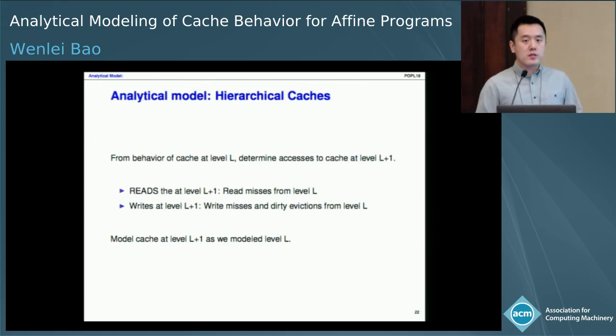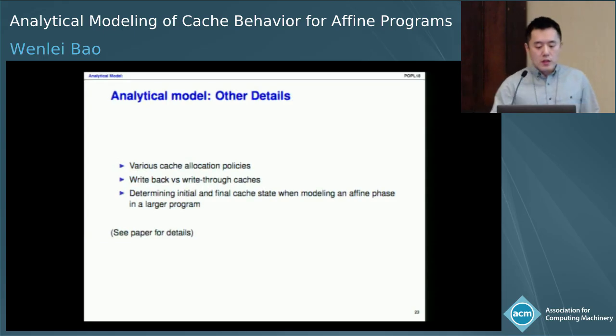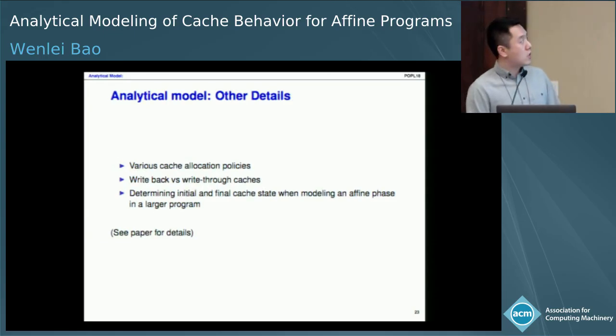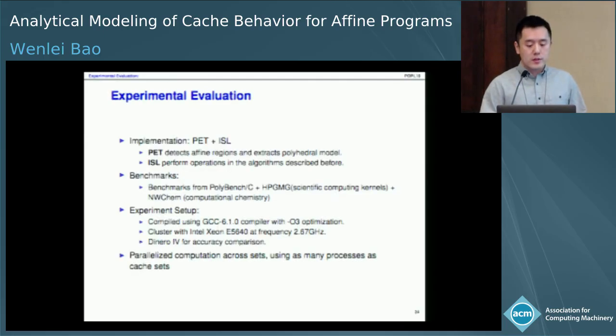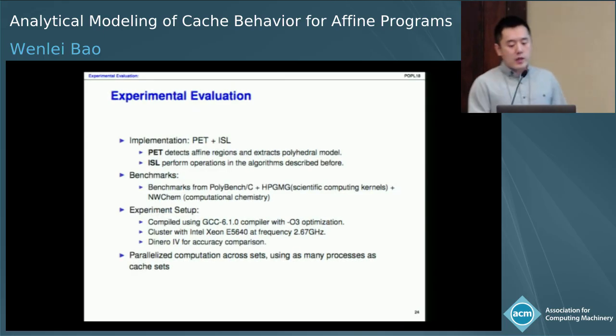With this read and write, you can model the next level cache misses and behaviors with a process similar to what I described above. There are other details with write allocation policies and cache state, and you can refer to the paper for more details.